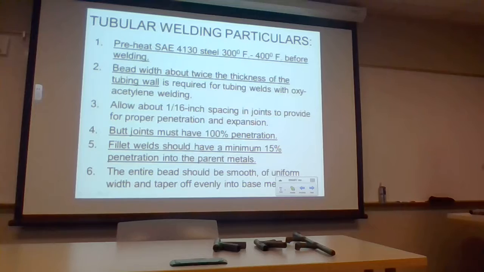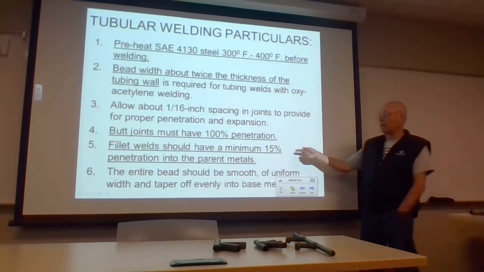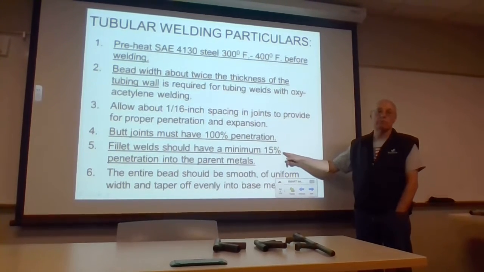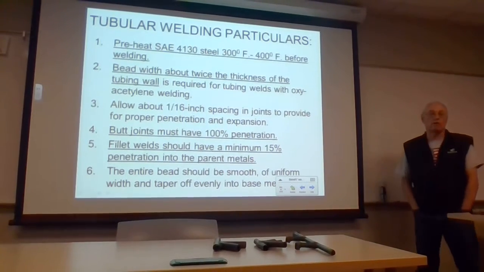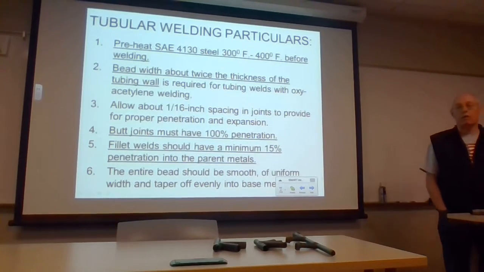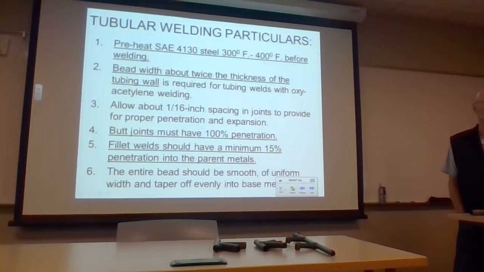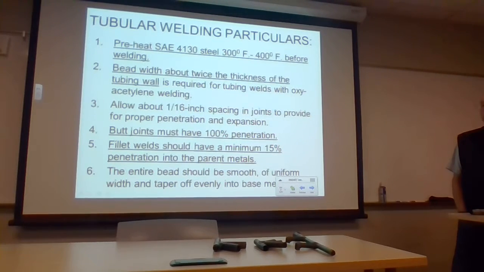So you have to have 100%. Any fillet weld, any lap, needs a minimum of 15% penetration, which seems marginal, but it's enough in SAE 4130. If we're talking about flat stock, fillet welds usually have a penetration range of maybe 25 to 50% of the material, but for fillet welds, any type of lap in tubing, about 15% would be acceptable.